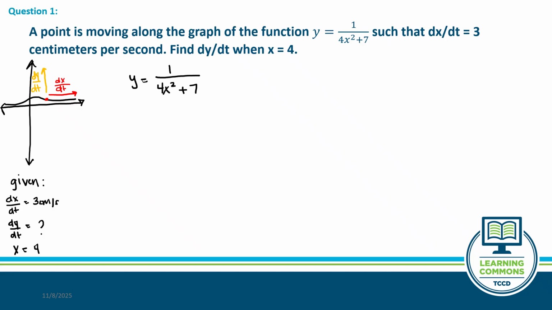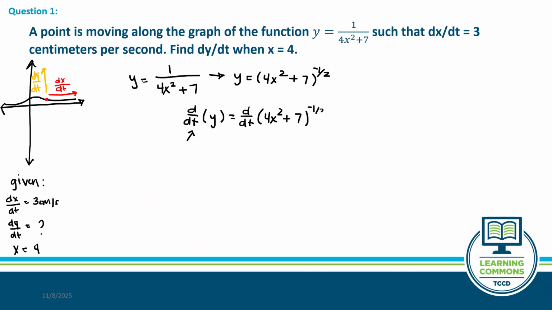I would like to remind you guys I'm going to rewrite this so it is easier for me to solve. Okay. And then I'm going to set up my implicit differentiation. I'm always deriving with respect to t. If you are doing anything else in problems like these, you will be marked wrong. So, as a reminder, always d over dt for anything with related rates.